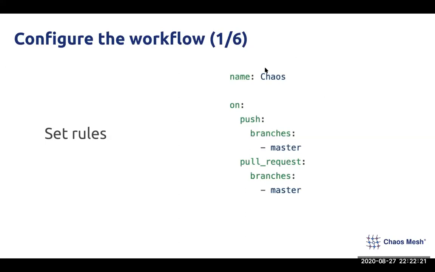First, you need to set the name of the workflow. You can see this picture. The workflow's name is Chaos. And this workflow will be triggered when you push code to the master branch, or you file a pull request to the master branch.